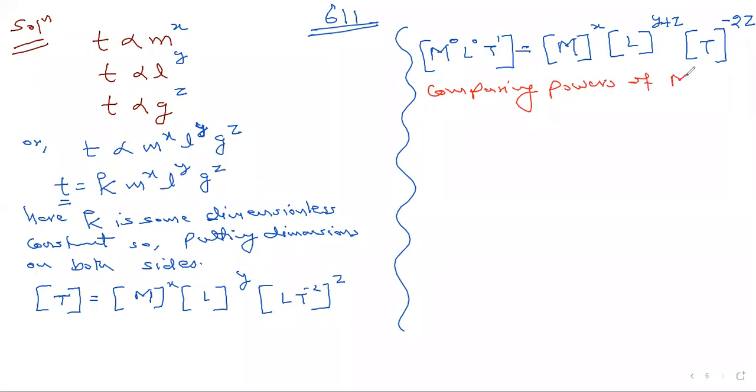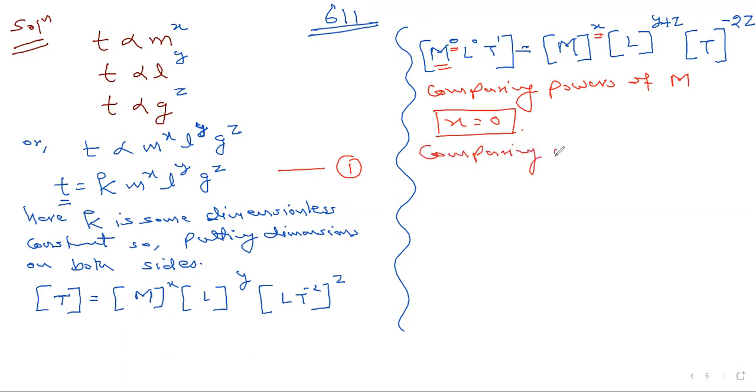Comparing powers of M: 0 equals x, so the value of x is 0. Got it?